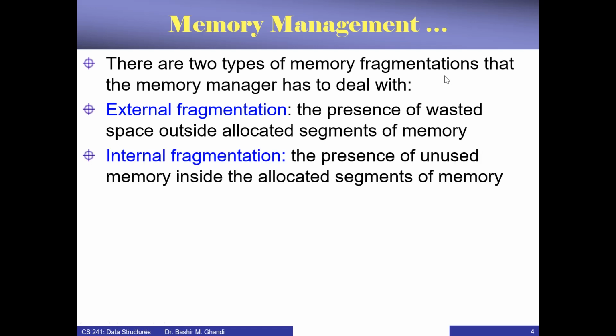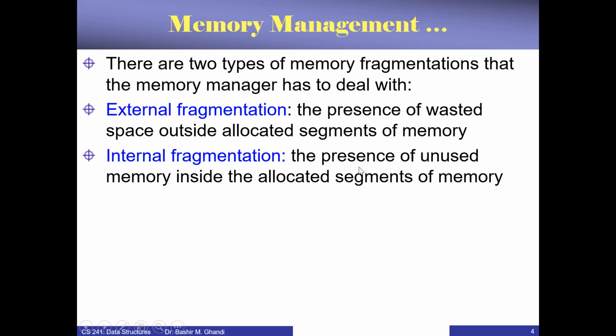The other type of fragmentation, which is called internal fragmentation, is the presence of unused memory inside the allocated segments. So the memory manager has allocated memory to programs, but the program doesn't use some of those memory blocks because they are too small, or because it doesn't really need them, as we shall see.